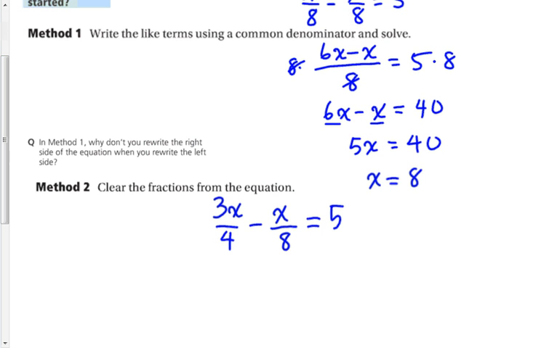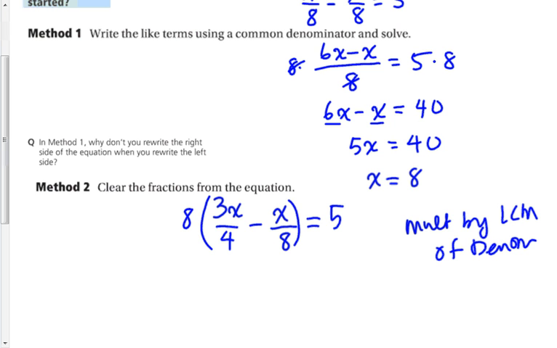And if we have a number that's split up into fourths, like this term, and a number that's split up into eighths, like this term, if we multiply by a certain number, we can eliminate those parts. And the thing we want to multiply by is the lowest common multiple of the denominators. And that's 8. So I'm going to multiply this side by 8, and this side by 8, and that's 40.